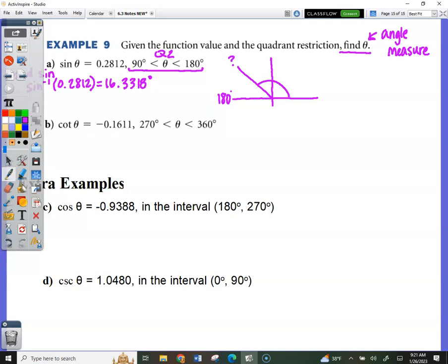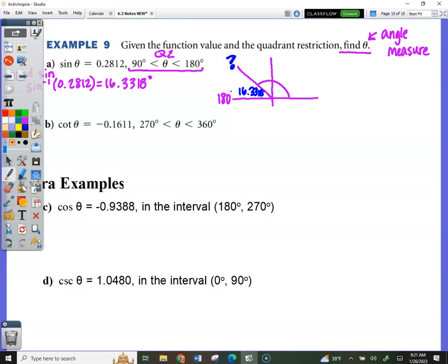16 lands in what quadrant? 1. We need it to be in quadrant 2. So the 16.3318, let me change colors, would be right here. This is the reference angle, 16.3318. We need to know this.